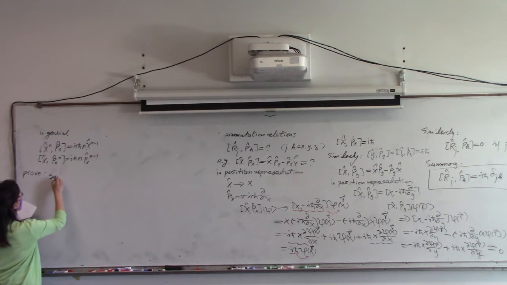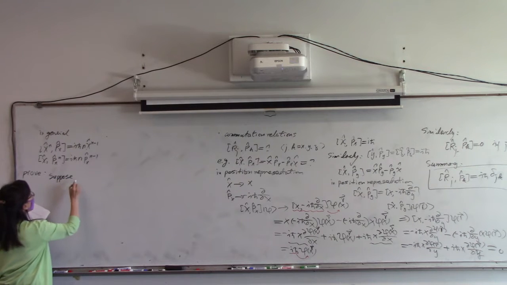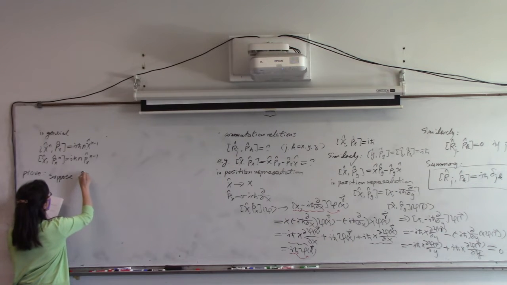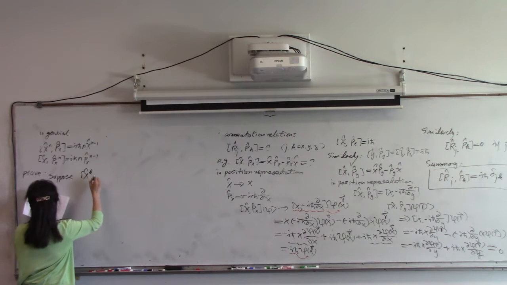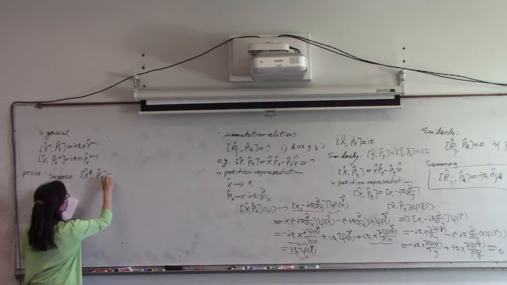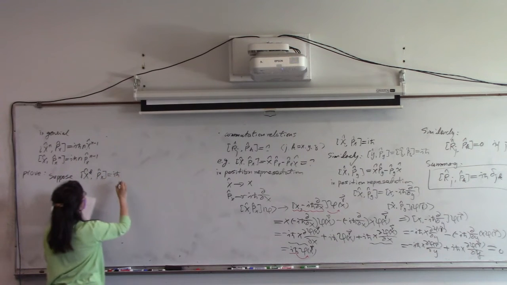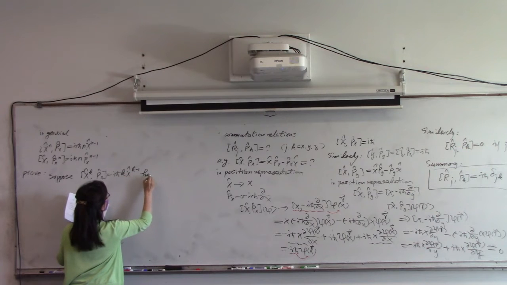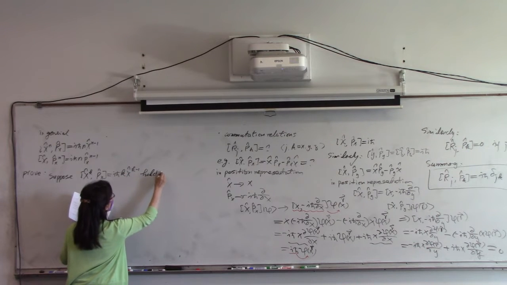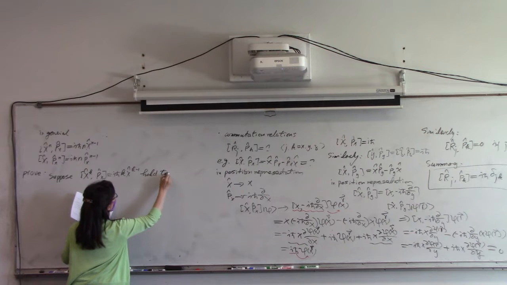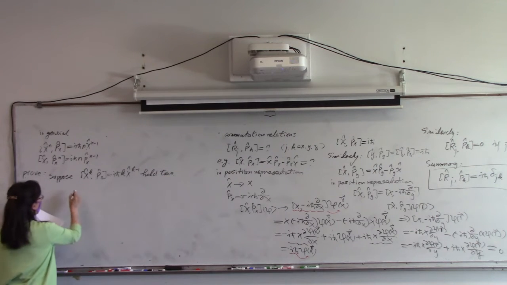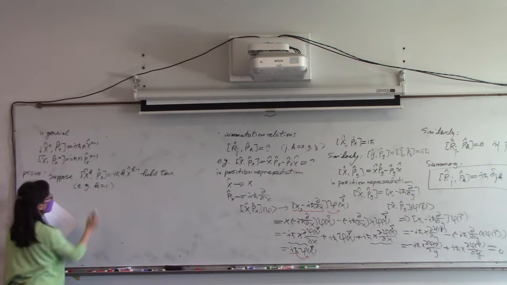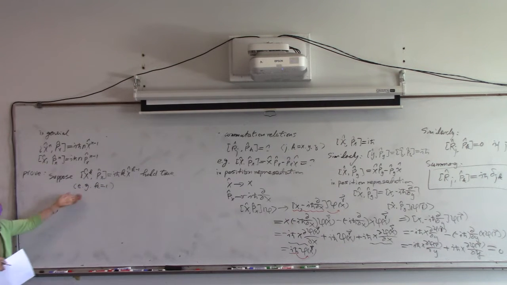Suppose the kth power of x with px equals i h bar k x to the k minus 1 holds. At least the example is k equal to 1, and we know that for k equal to 1 it holds. Yes, so that is it.